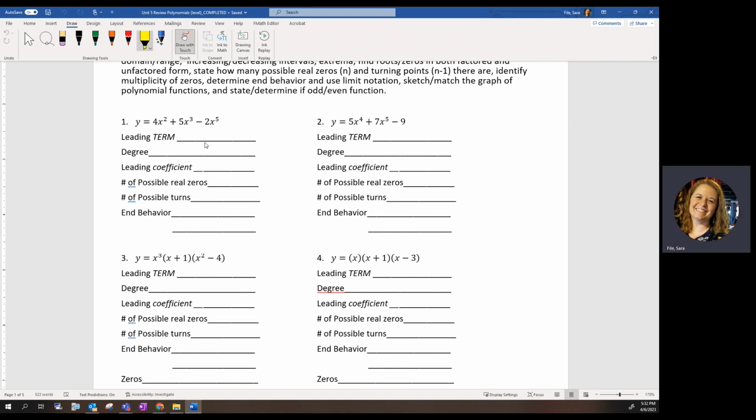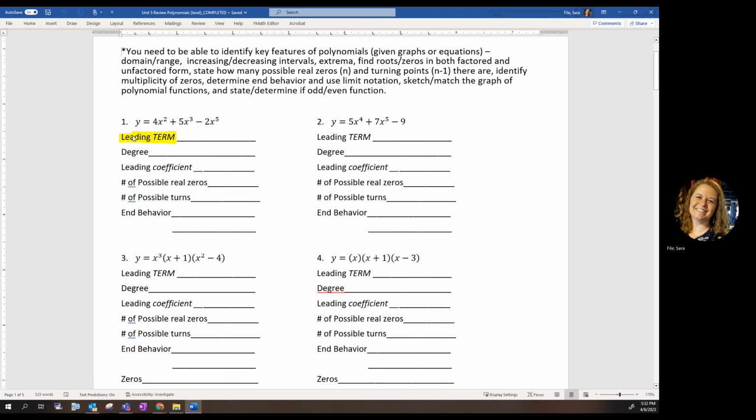All right, so what we're looking at when we have the polynomial, this is in unfactored form, you're looking for your leading term. That is the whole term: the coefficient and the variable and the exponent, the power, all together. It's not necessarily the term that's in front. If it's written in standard form, it would be in front, but sometimes it's not.